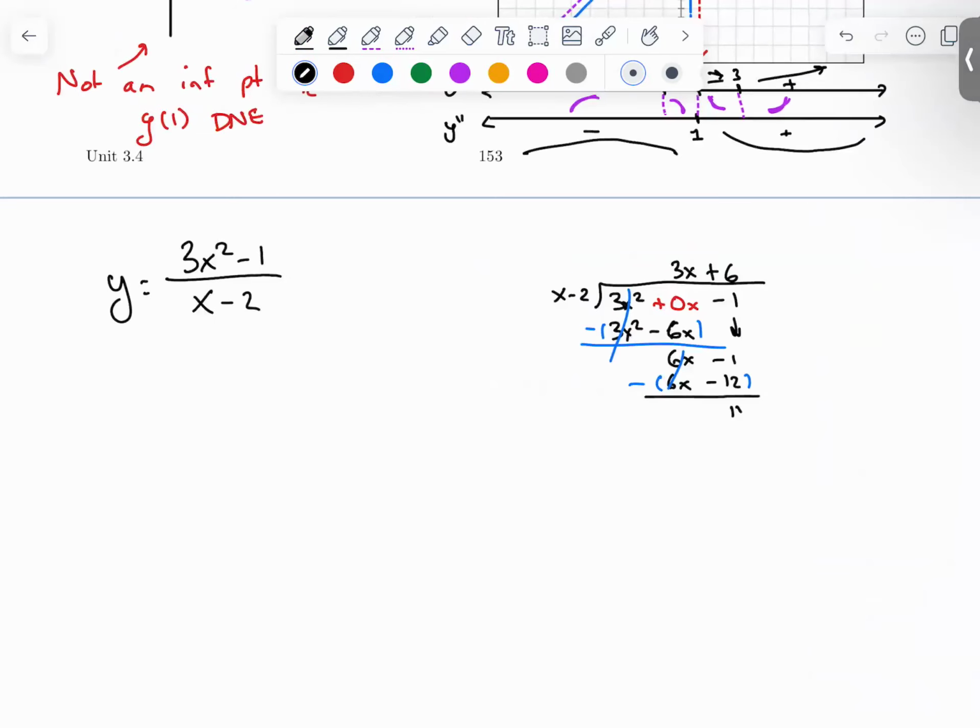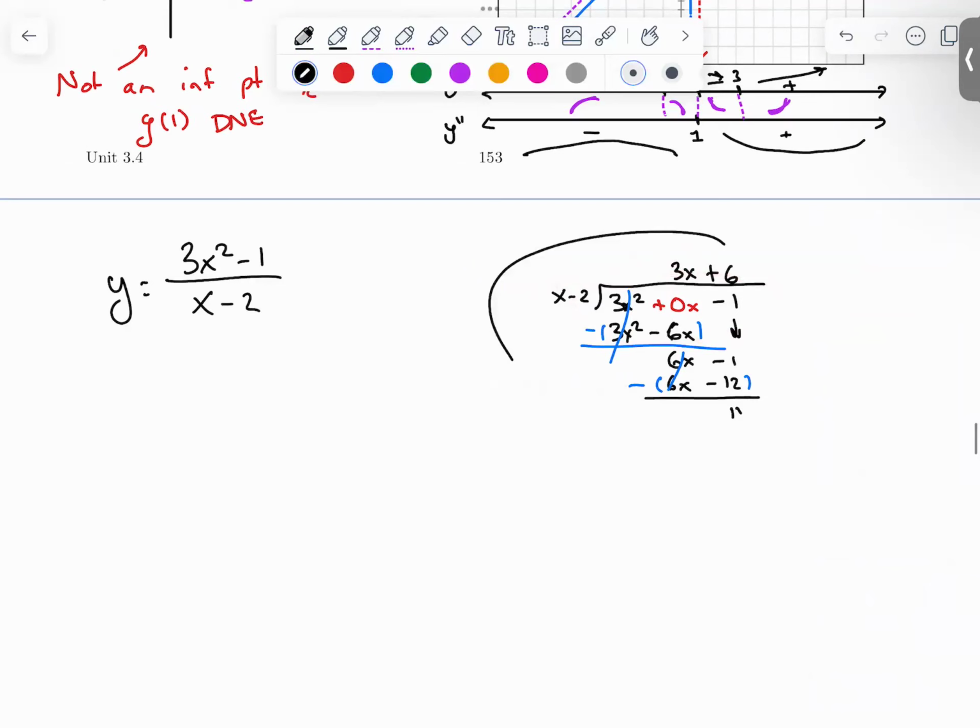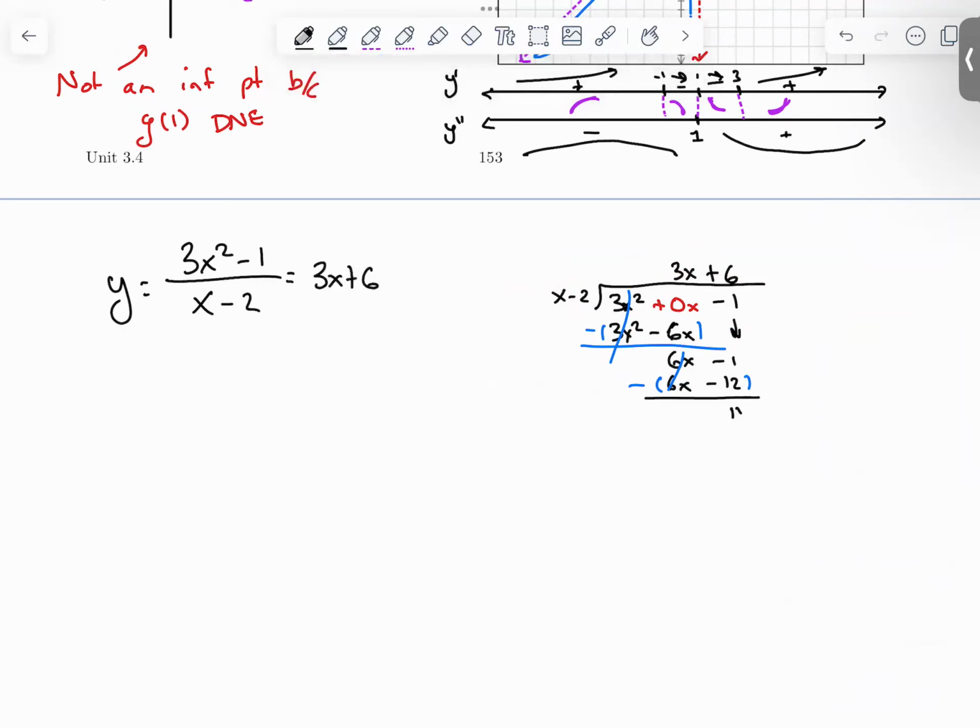The division algorithm, which is a theorem that we just call an algorithm as well, tells you that when you do the long division, this curve right here could be rewritten as a quotient, 3x plus 6, plus a remainder divided by its divisor. And I guarantee you, if you find a common denominator, multiply this by x minus 2, and simplify, you will get back the original function.